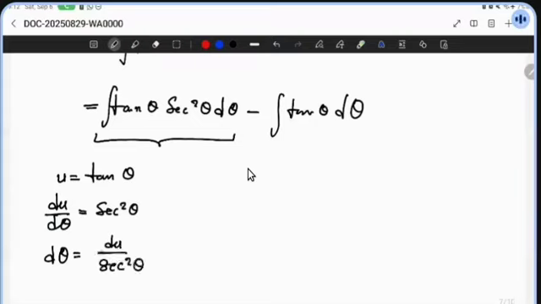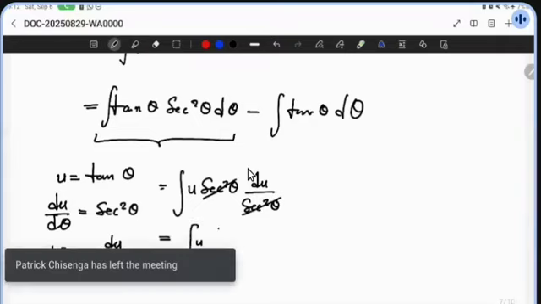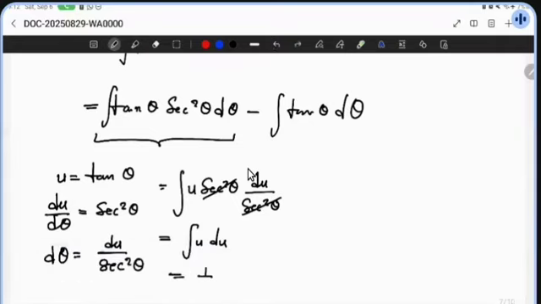When you substitute, this first part will now be the integral of u sec squared theta, where there's d theta you have du over sec squared theta. The sec squared will cancel, leaving you with only the integral of u du. This will be 1 over 2 u squared. That's just for the first part.